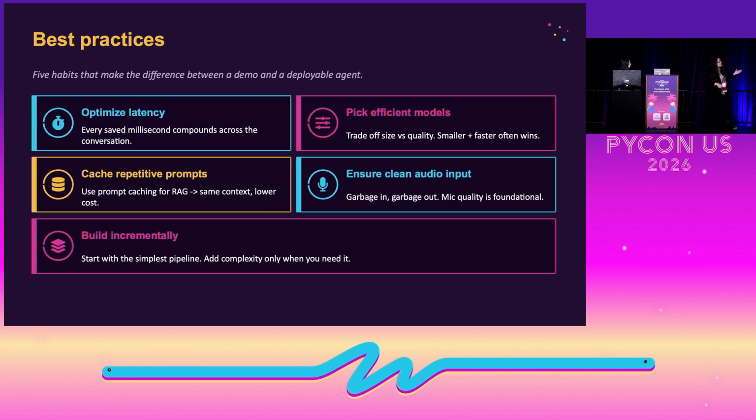And you need to ensure clean audio input. You cannot be in a party and try to use your voice AI agent. And then you need to build incrementally, right? You need to first build the starter pieces, make sure it is alive, and then you can add more information, more context, and it will be working.